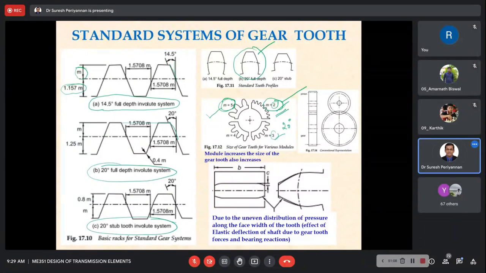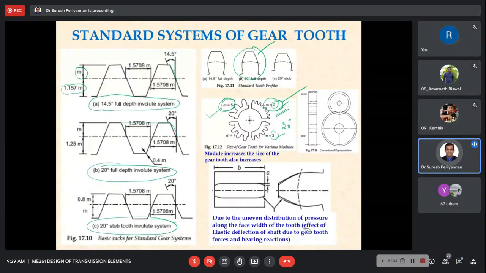One is inaccuracy of tooth profile, which causes uneven distribution of pressure. Another is errors in assembly of mating teeth, I mean errors in assembly of two gears, which also cause uneven distribution of pressure.